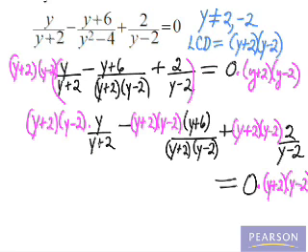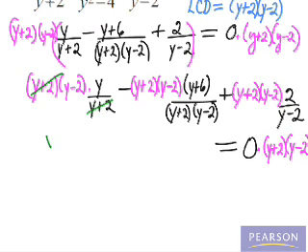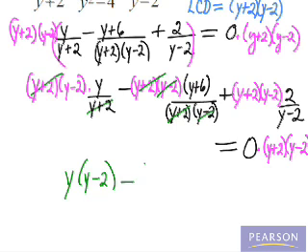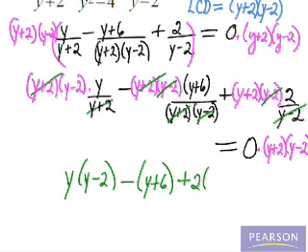Dividing out the common factors, we get y times y minus 2, minus y plus 6, plus 2 times y plus 2 equals 0.